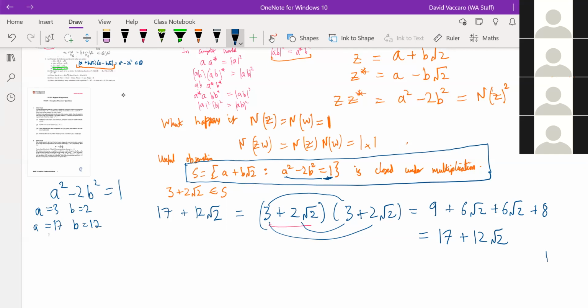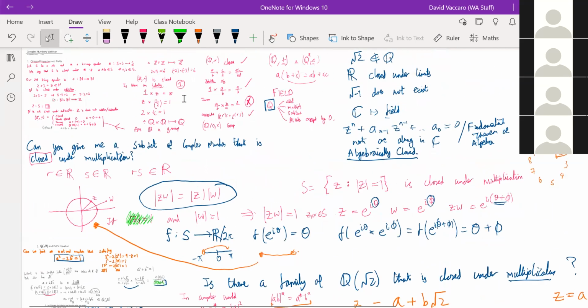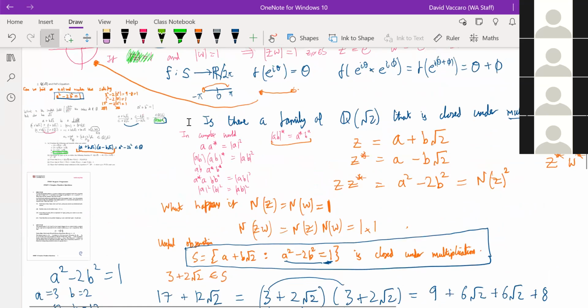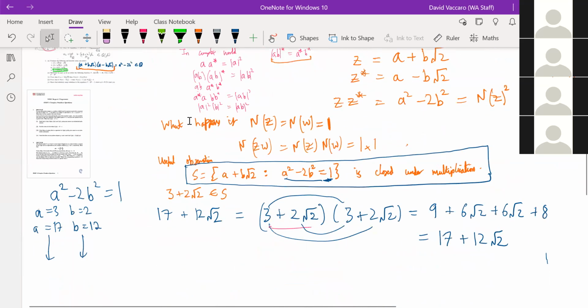Solving Pell's equation would be getting all values of a and b. Now, at the moment, we've got 2. Earlier on, we only had 2 because we just spotted 2. What we've got here, which is much better, is a way of generating more.